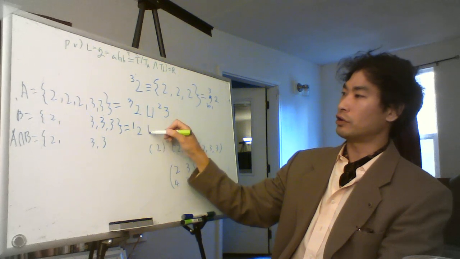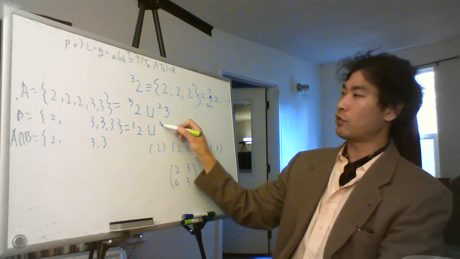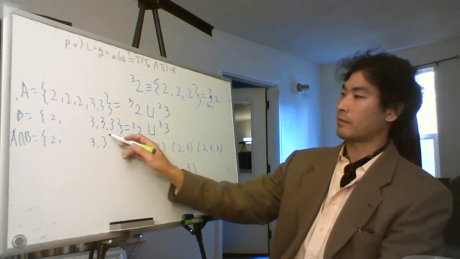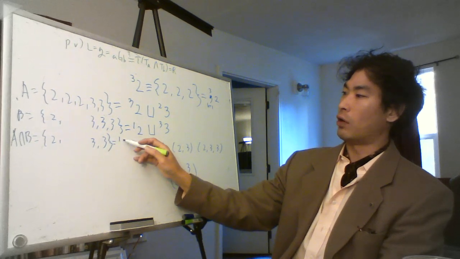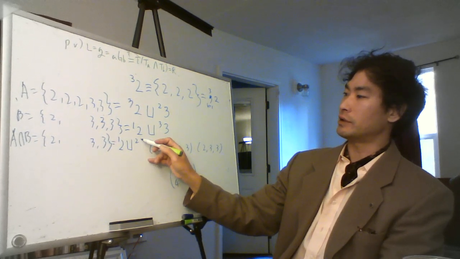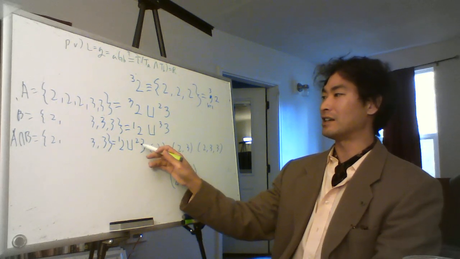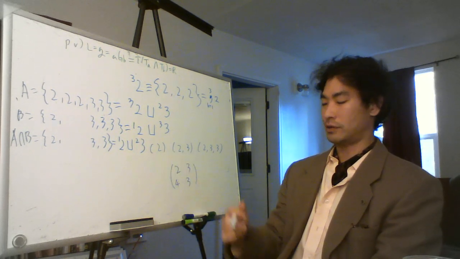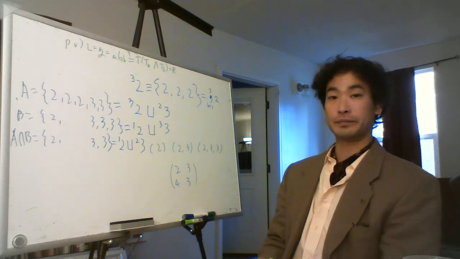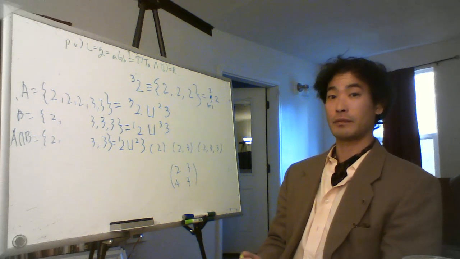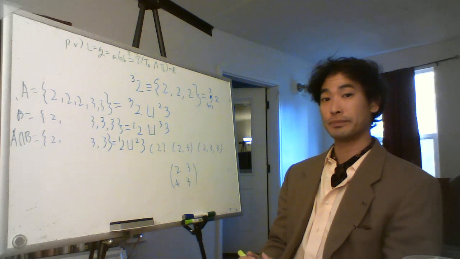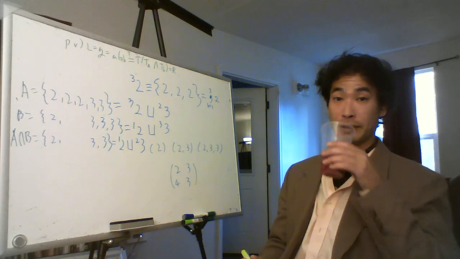One two union three threes. What is this? One two union two threes. Yeah, I use kind of the same ordering as the English language. Two threes. Right? Like two apples, two oranges, that kind of stuff.